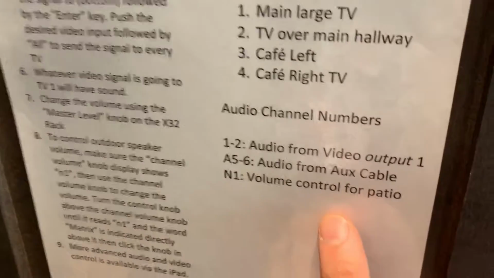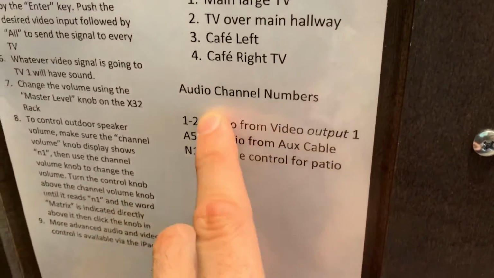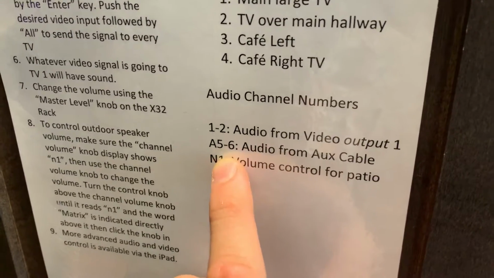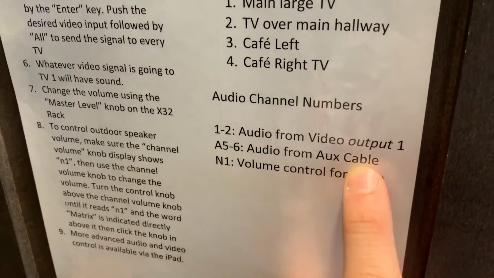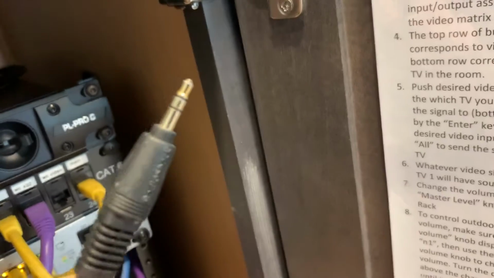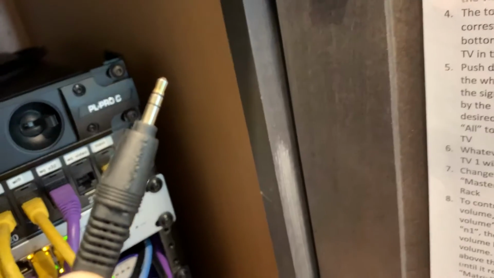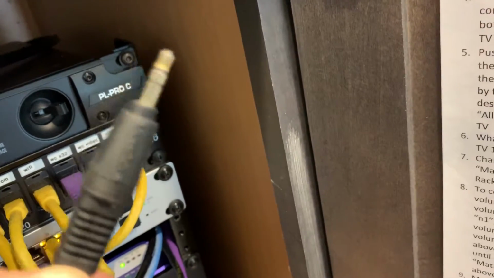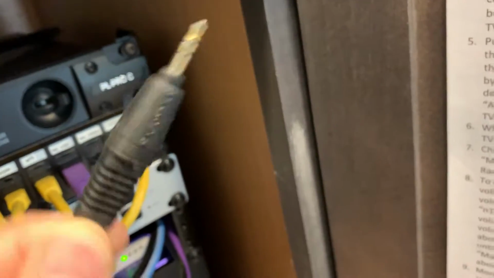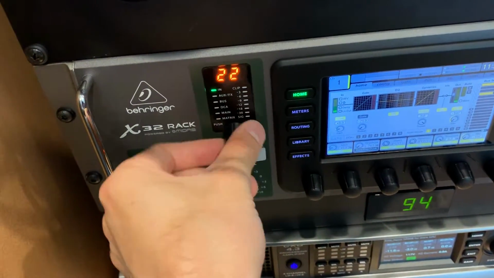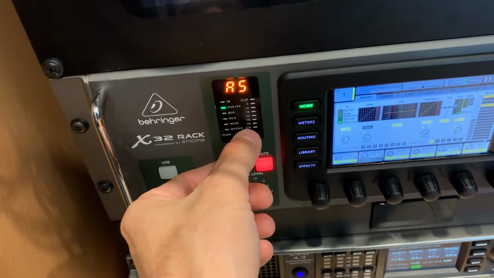Now, as you'll see, we also have 2 other sets of audio channels that are important for us. The first is audio from the aux cable. Maybe in your car or at your house, you've got a cable like this that you can plug your phone into. So if someone were to bring in a phone or a laptop or an iPad or an iPod or anything, and they wanted to play sound, you could plug that in here, and then you will turn this knob a long way till it says A, 5, and 6.